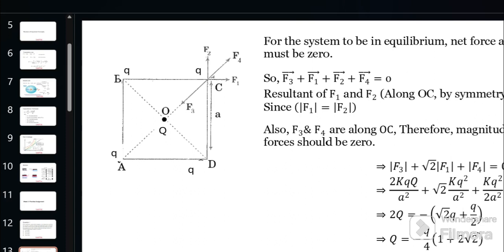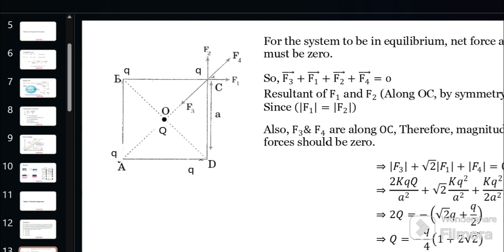So to find it, we find the equilibrium with only one charge, just at one corner: one small q and the big Q. We use the equilibrium equation along the line OC, and from that we use Coulomb's law.